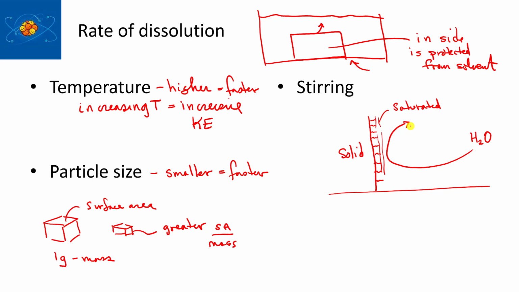So the rate of dissolution can be increased simply by stirring the solution, having a higher temperature. These are all things you know, like from making a cup of tea or something, right? And by having smaller particle size.